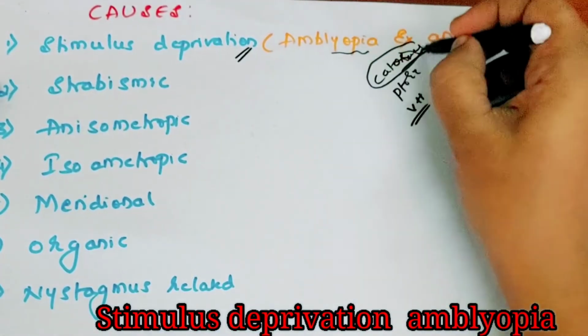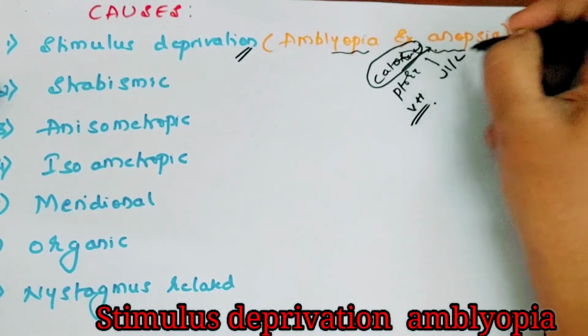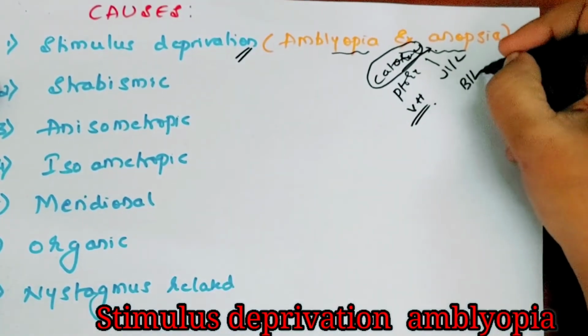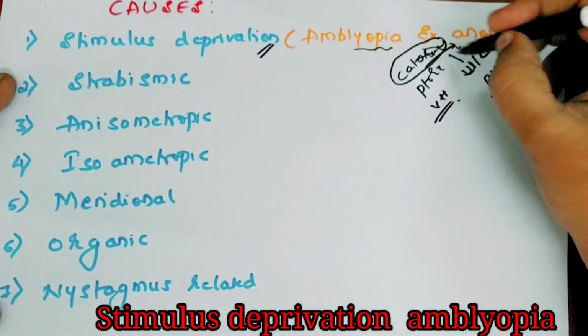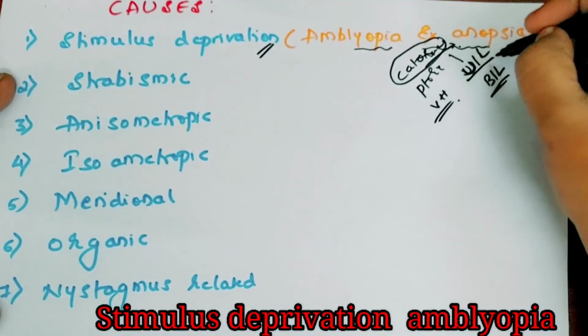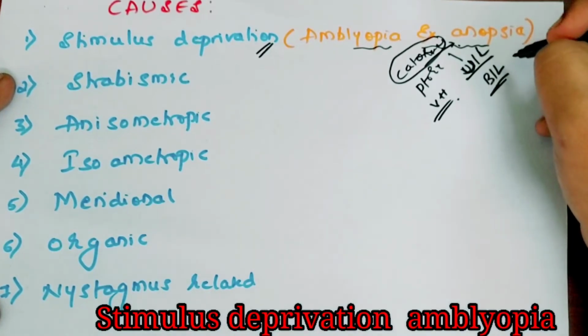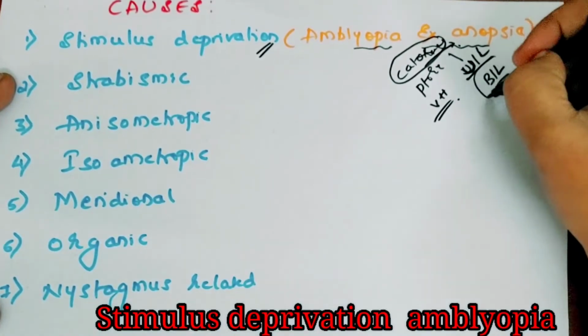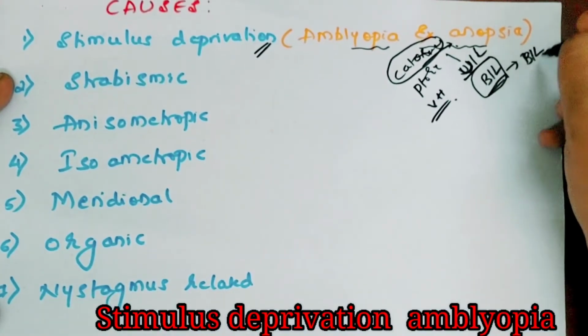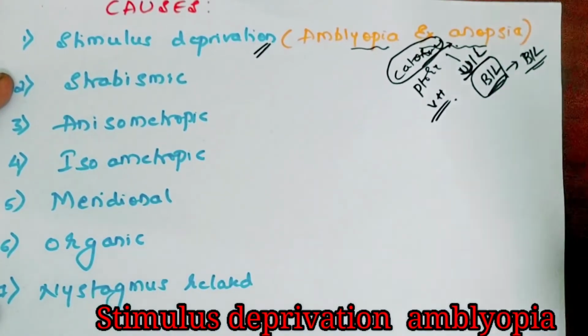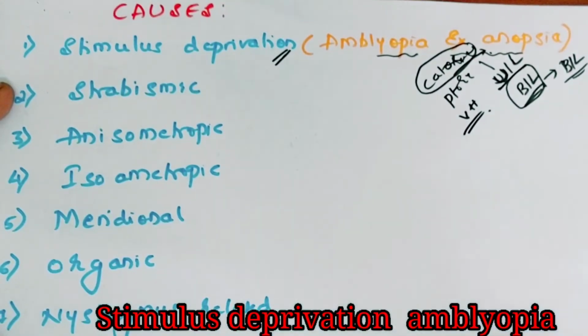In cataract, it can be either unilateral cataract or it can be bilateral cataract. If the cataract is on the single side, it will lead to amblyopia in that eye if it is not treated. If the cataract is on both the eyes, then that leads to what is known as bilateral amblyopia, which I was telling in the definition. Okay. And this type of amblyopia, that is stimulus deprivation amblyopia, has the worst prognosis compared to all other types.